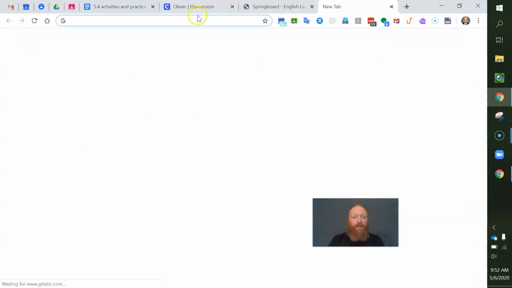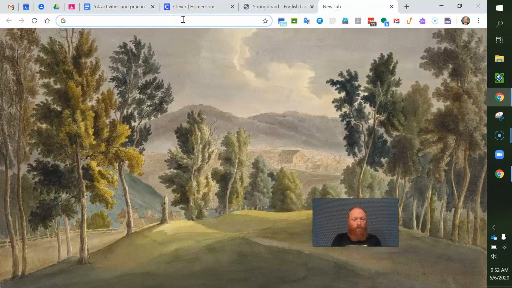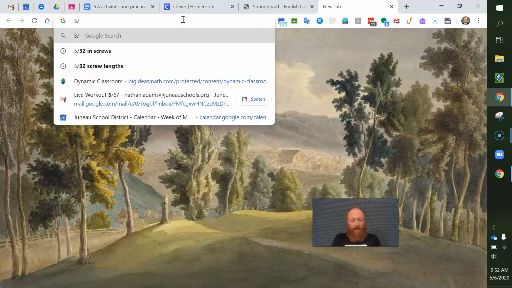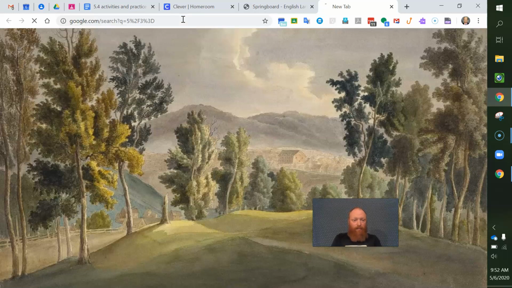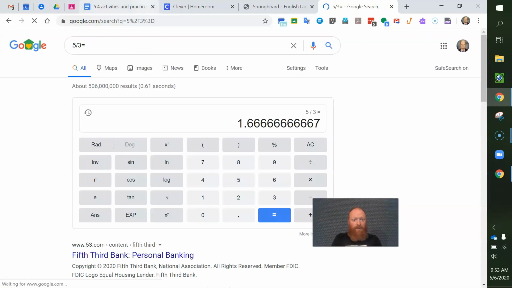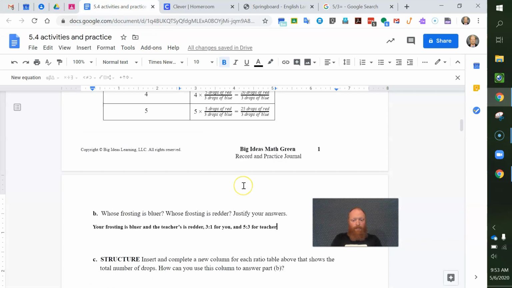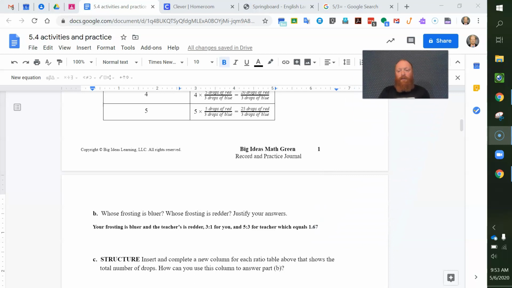Let's go over here and we'll do 5 divided by 3 equals 1.6, and I'm going to round that to 1.67. Let's get my face out of the way.